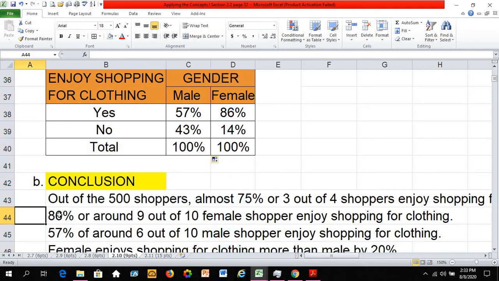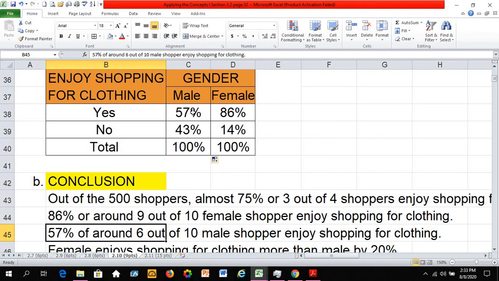So for every 10 female shoppers who enter a shopping mall, 9 of them would love to go shopping for clothing. Similarly for male, for every 10 male shoppers who enter a shopping mall, 6 of them would enjoy shopping for clothing.